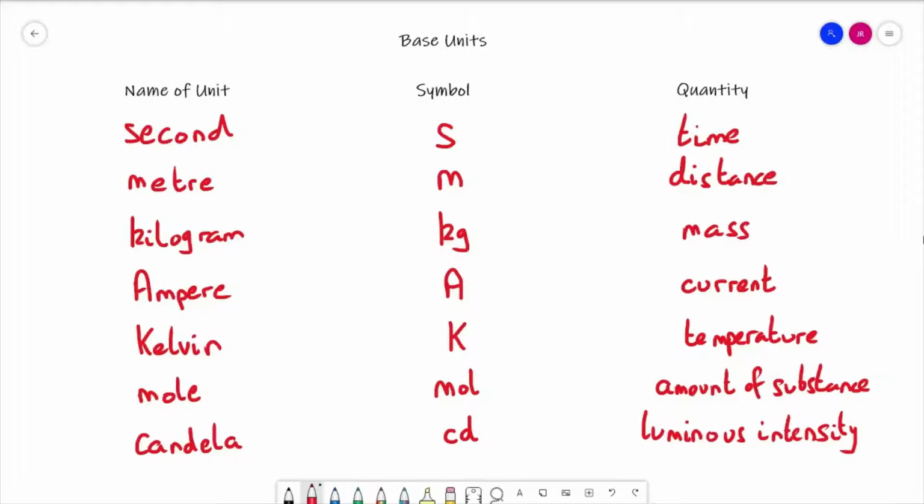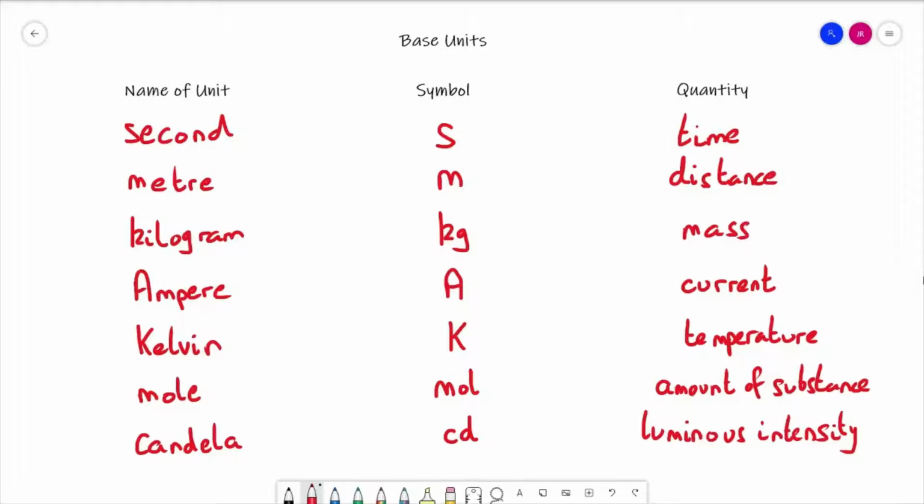As I said, though, I will be highly surprised if you got candela, because to be honest, we didn't use it at all at GCSE, and we don't even use it at A level. And to be brutally honest, even through my degree, I never actually used candela properly as a unit. So we aren't going to come across it again over the next couple of years at A level. But of course, I'm going to tell you about it anyway, just so you've got the complete picture.